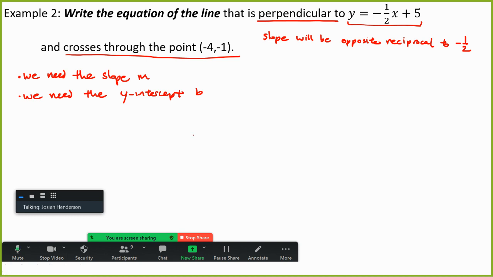Either we're going to steal the slope they gave us and use it, or we've got to find the opposite reciprocal of the one they gave us. Depends on if we're doing parallel or if we're doing perpendicular. So we're doing perpendicular this time. So the slope they provided is negative 1/2. The opposite reciprocal of this is our slope. So flip the fraction 1/2 and change the sign.